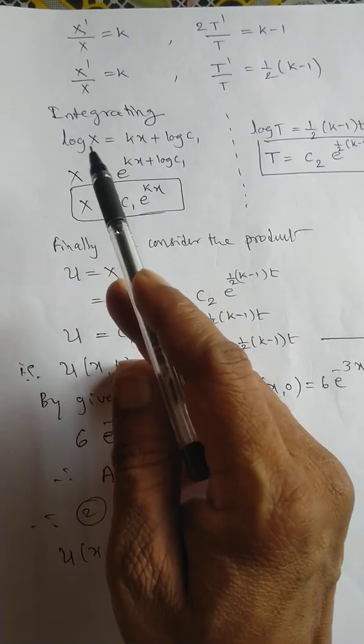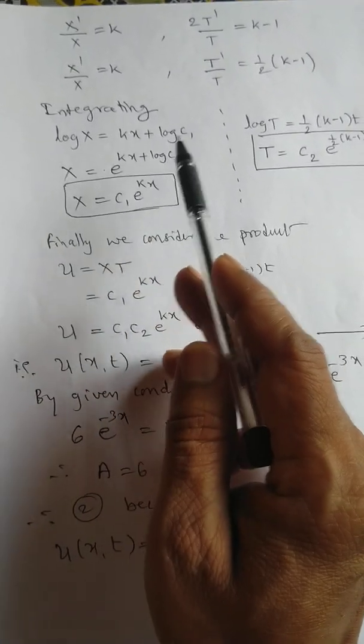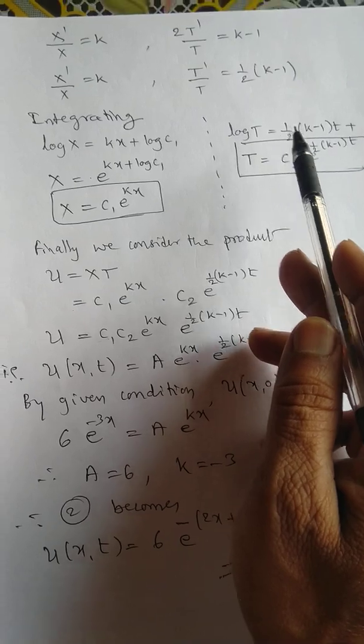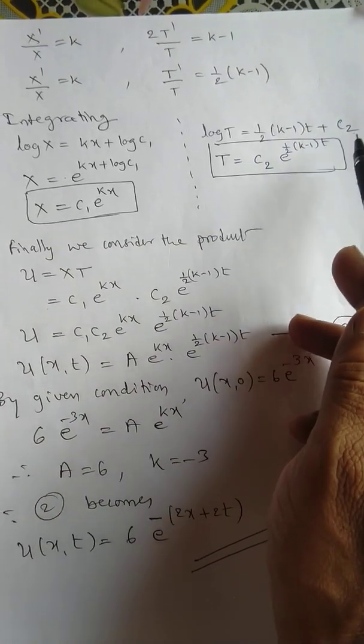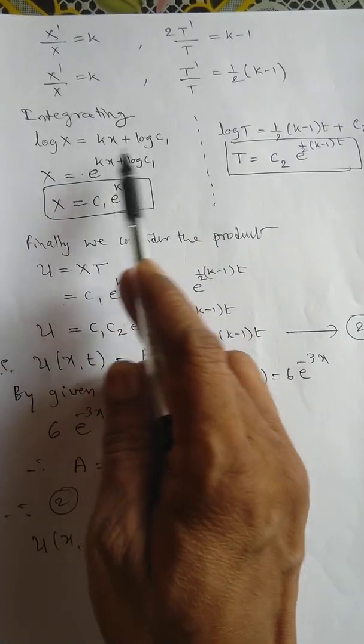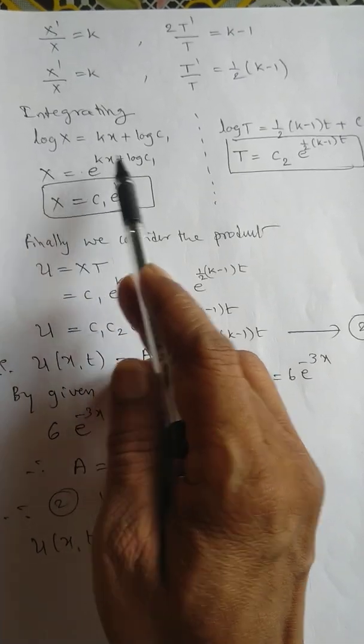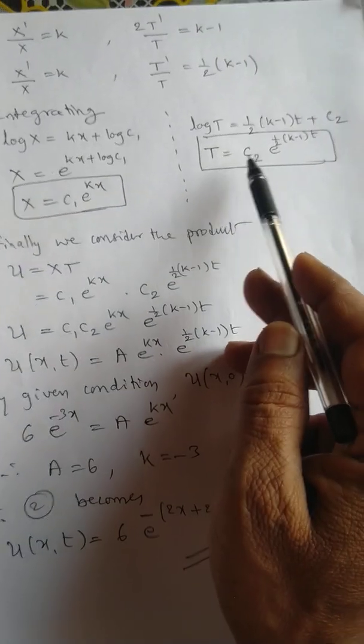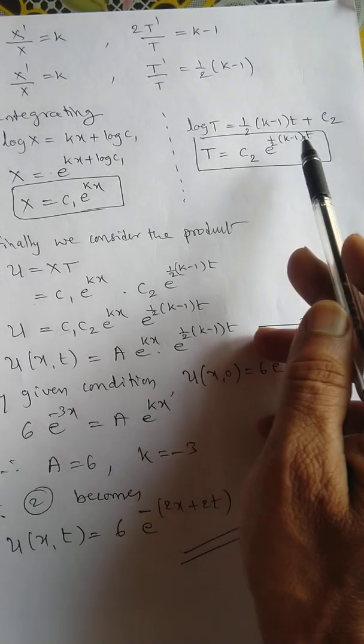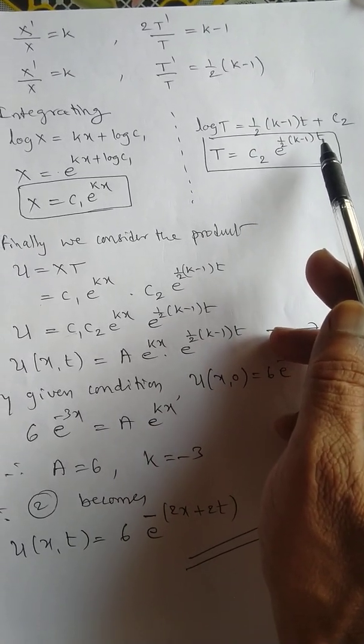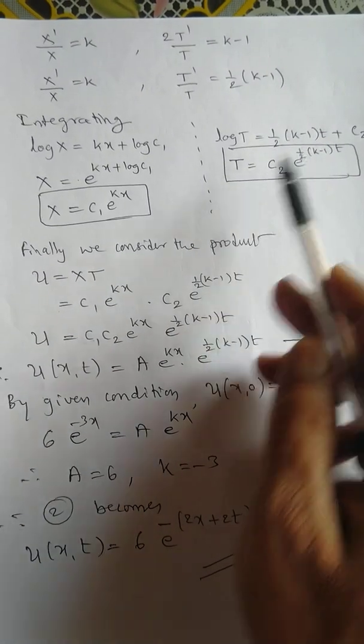Integrating, we have log x is equal to kx plus log c1. Here log t is equal to 1 by 2 of k minus 1 into t plus c2. And by simple transformation, x is equal to e raised to kx plus log c1, and t is equal to e raised to 1 by 2 of k minus 1 t plus c2.